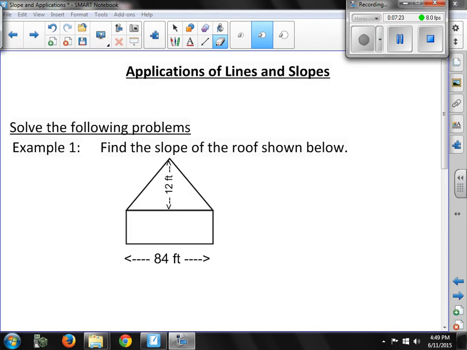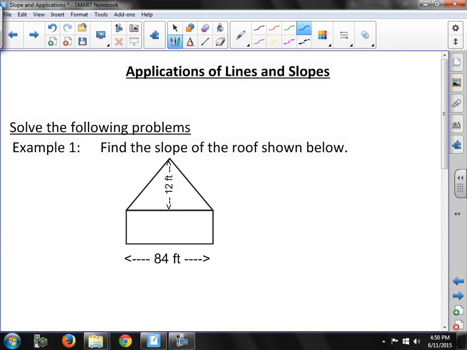Okay, let's do some applications of lines and their slopes. In this first problem, we want to find the slope of the roof of this house. Now I'm going to be considering this line right here as the slope of the roof. Remember, slope is rise over run. This line looks like it rises 12 feet.